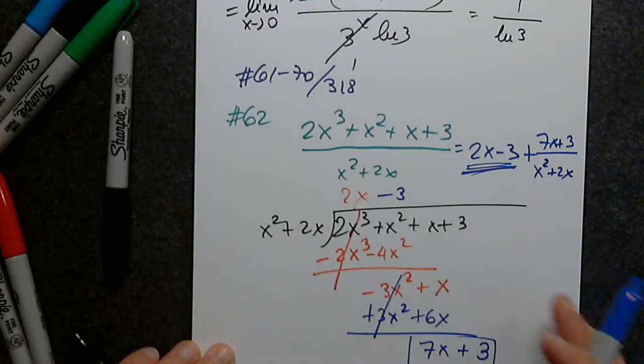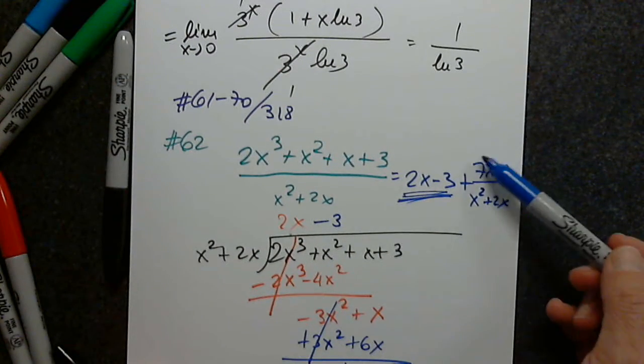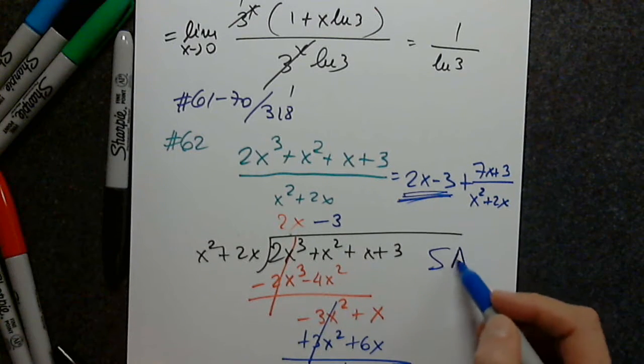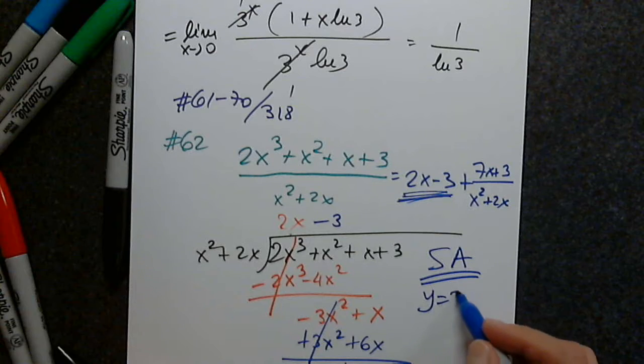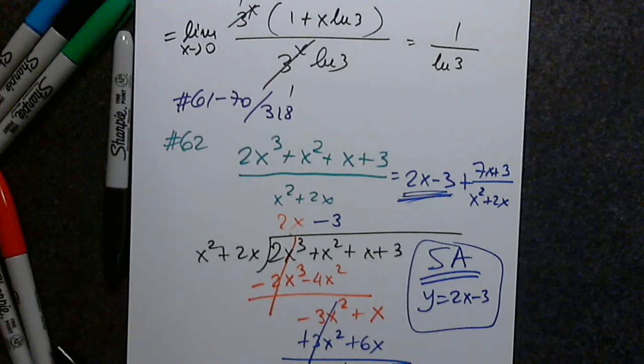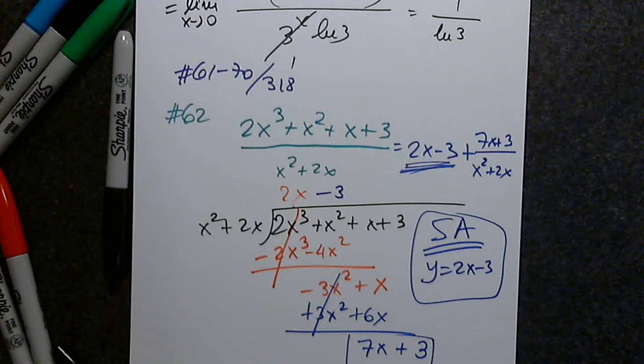Only this piece we're interested in. Why? Because when x approaches infinity, this will approach 0. So the slant asymptote is y equals 2x minus 3.